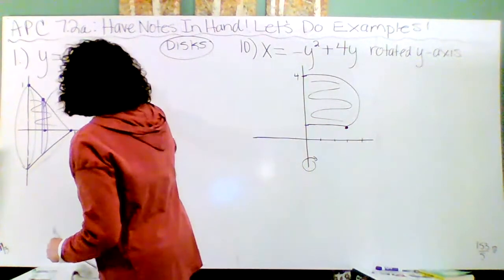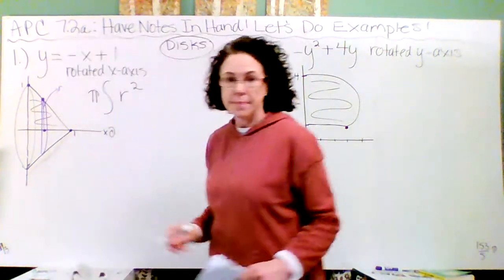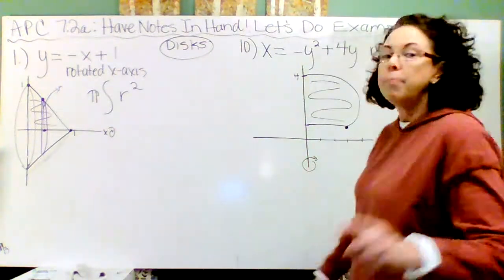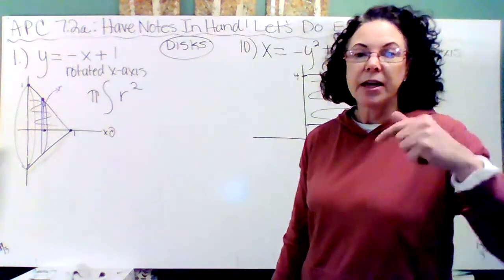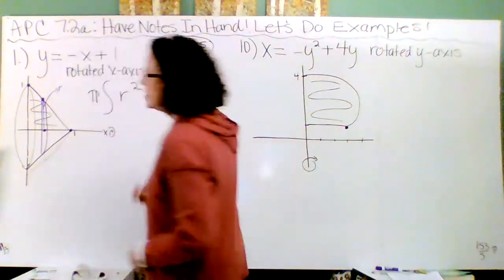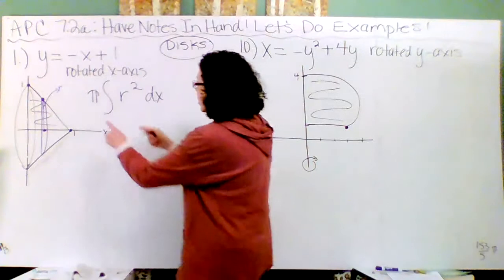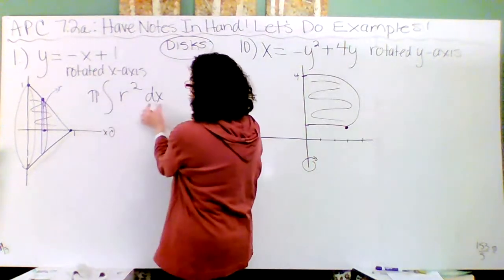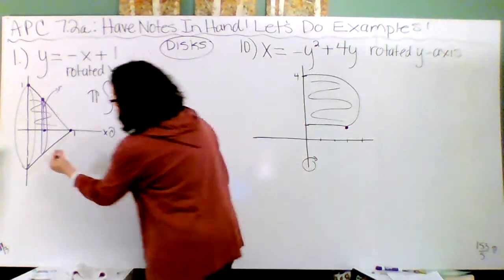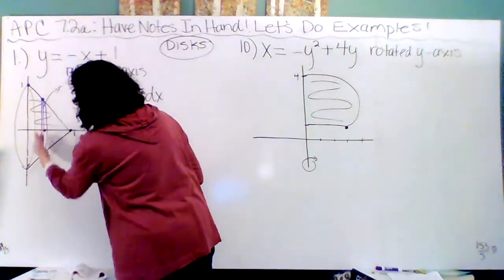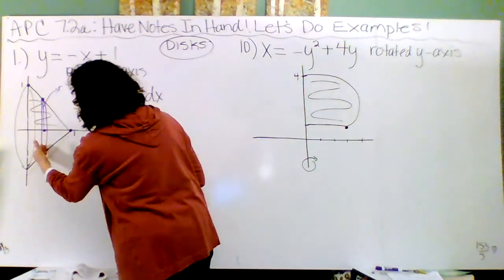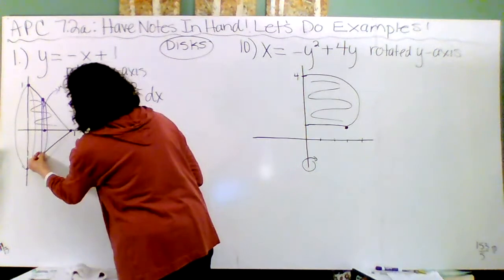Every time when you are doing the disc method, it's pi r squared because it's the area of a circle. But here's where I make my clarification. Why do I keep saying cylinder? Because of the dx here. Here is the area of a circle and dx is a thickness in x, right? So this cylinder actually has a little thickness. So it's not just a circle, an area, it's an actual volume, right?